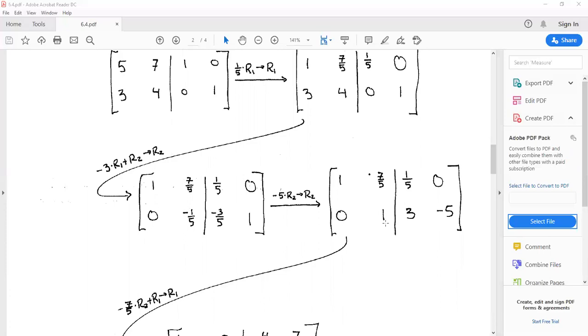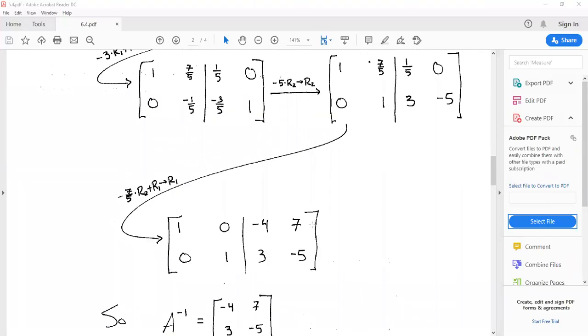Now that I've got this 1 in the bottom right, I'd like the number above it to be 0. I can make that happen if I add -7/5 times the second row to the first row. I'll keep 1 in the first row, first column, because 1 plus -7/5 times 0 is still 1. This entry up here becomes 0, as we start with 7/5 and add -7/5 times 1.